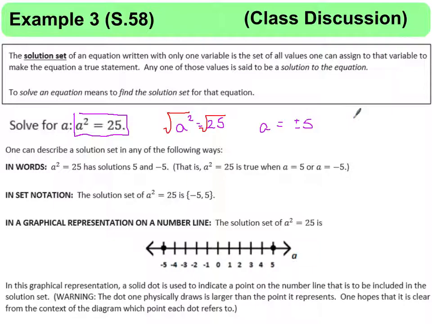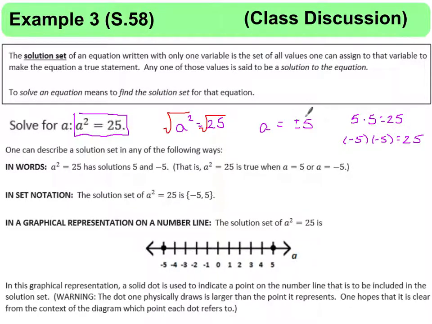That is mainly because if we think back to our products, 5 times 5 is equal to 25, but also negative 5 times negative 5 is also equal to 25.